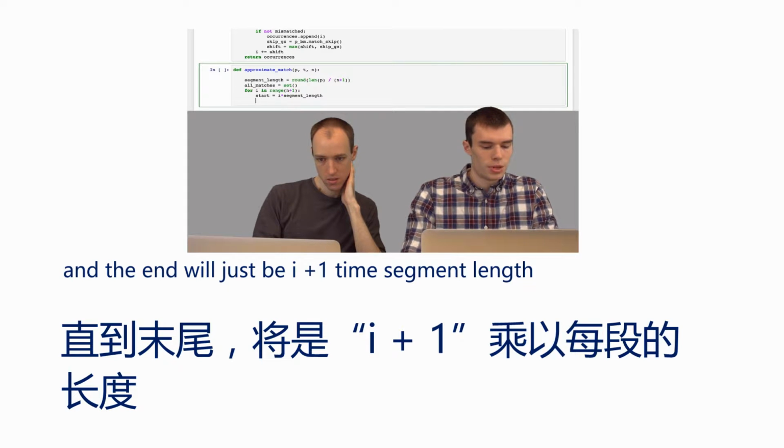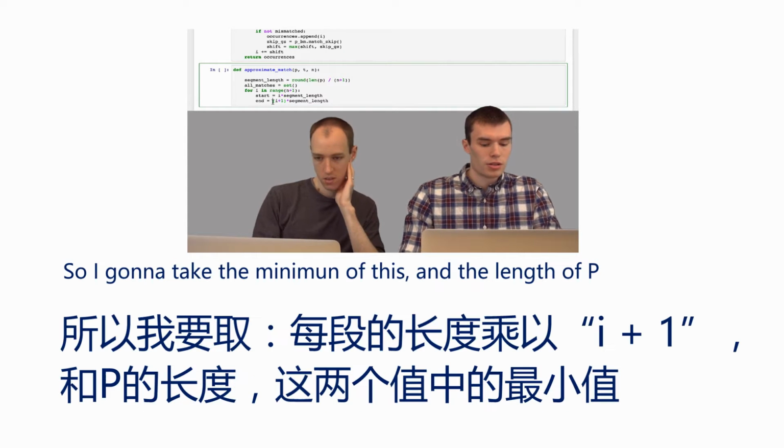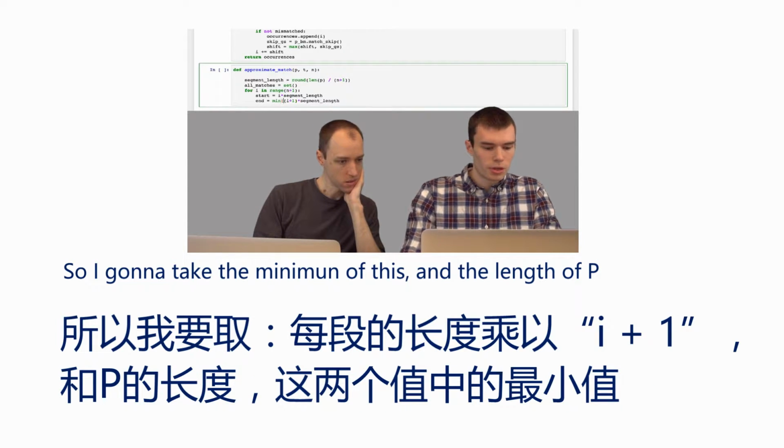And the end will just be i+1 times the segment length. But we want to make sure that we don't run past the end of P. So I'm going to take the minimum of this and the length of P.